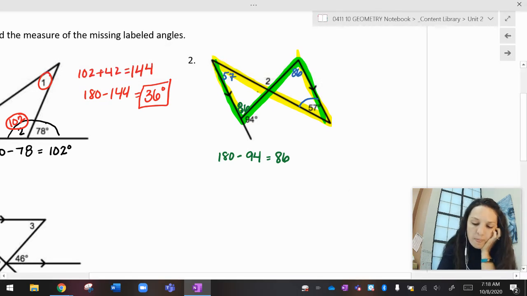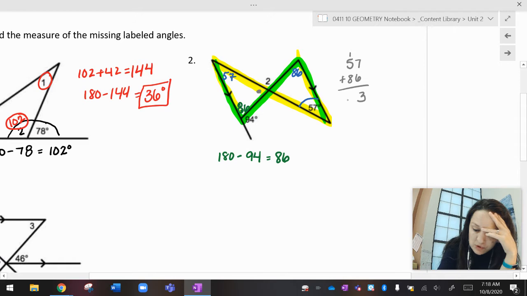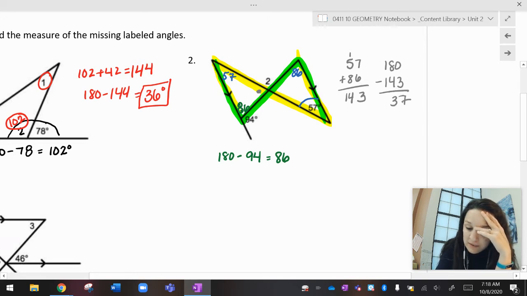You know what though? I have this one now. Now I have the 2 angles of a triangle, so I can find the third one. So 57 plus 86. Let's see, 7 plus 6 is 13, 13, 14. So those 2 add to 143. 180 minus 143 is going to be 37. All right, so this is 37 degrees right here.